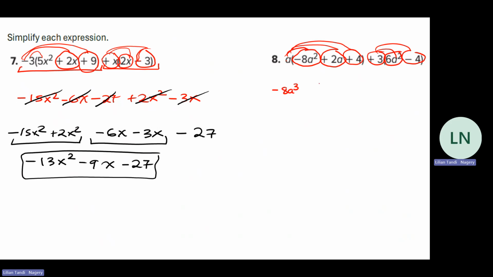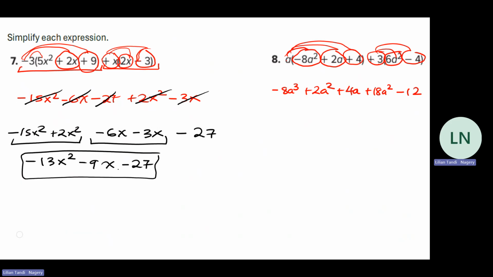A times positive 2A, positive 2A squared. A times positive 4, positive 4A. Positive 3 times 6A squared, positive 18A squared. Positive 3 times negative 4, negative 12.